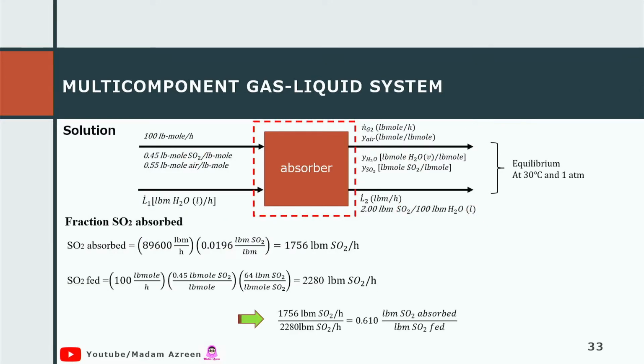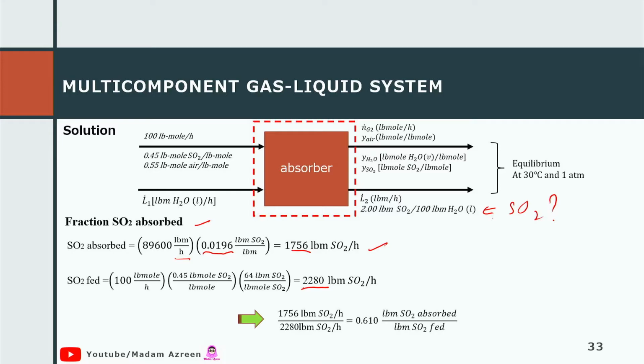The next thing is to calculate what fraction of SO2 is absorbed, which is a ratio. How much is absorbed is how much came out here. How much came out here we can calculate from the mass fraction, and then we divide it by how much SO2 is fed into the system.